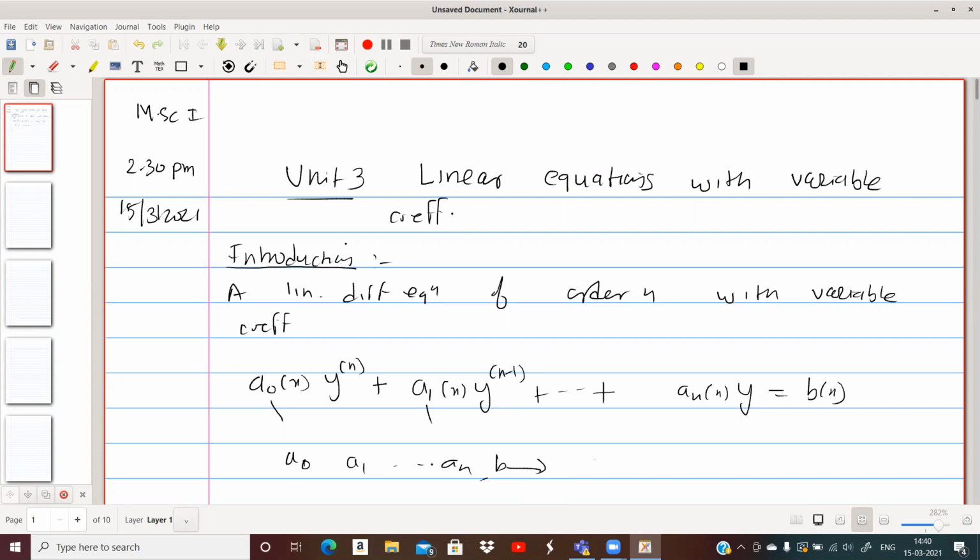They are complex valued functions whose domain is a real interval I.